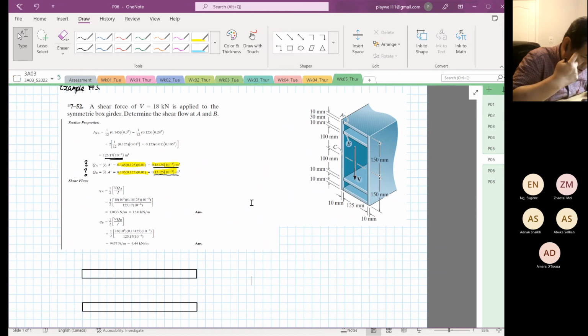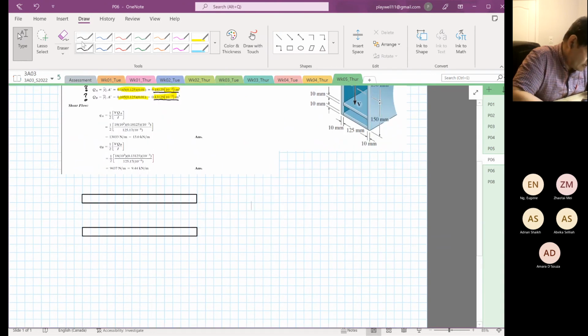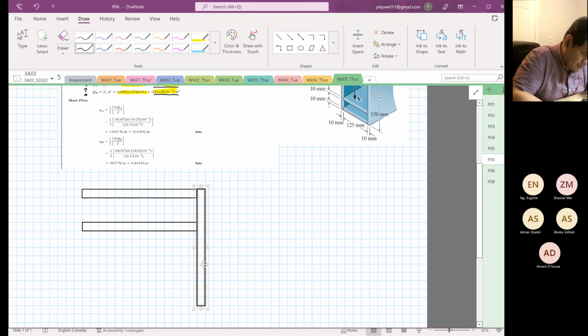Then we have another 100, and then it goes all the way down, and it's 10. So 2, 4, 6, 8. I only need to draw half over here.